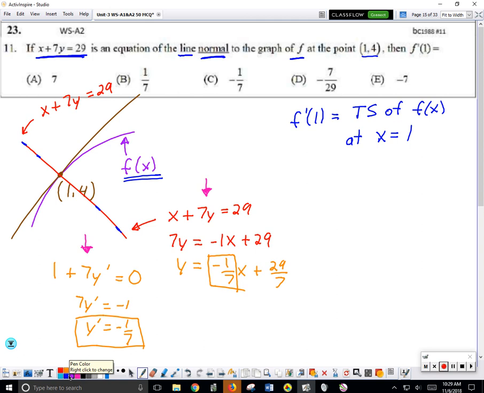Well, you can do it with this extra information here. I know that the equation of the red line is this. So the line normal is going to be y equals negative 1/7 x minus 1, sorry.